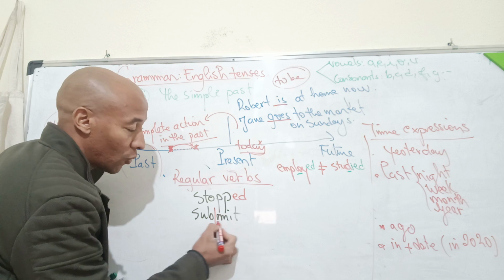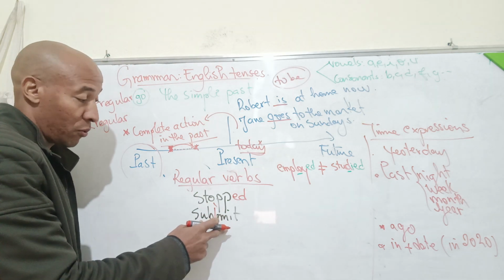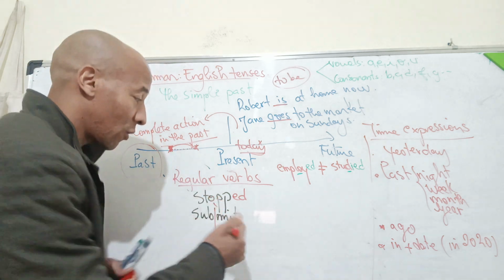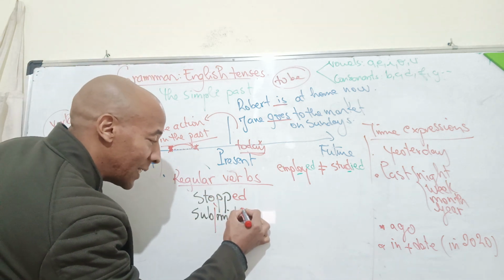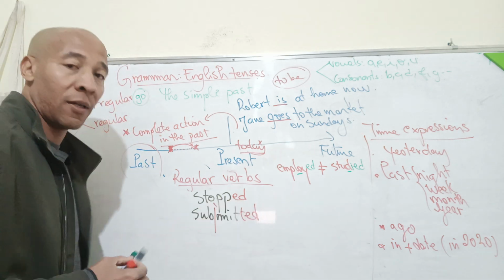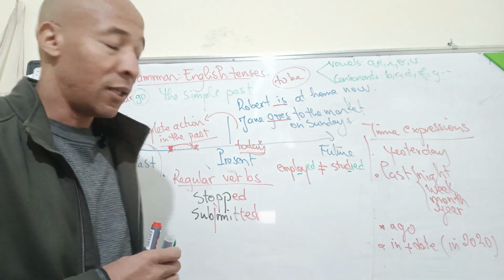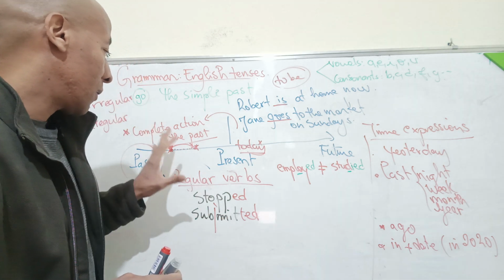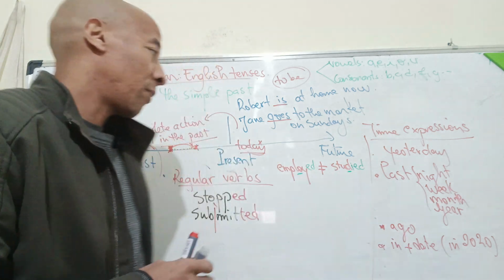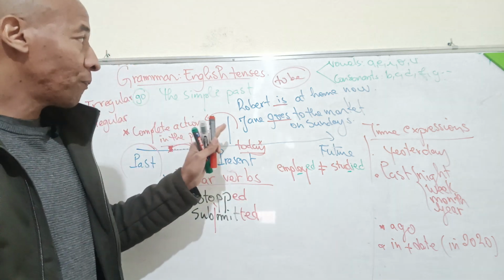As I said, if you stress the last syllable, there's a stress in mit. So here you have to double the T, the consonant, and then you add ed: submitted. Okay? So this is another rule that you have to take into consideration when transforming a verb from simple present to simple past. Right?